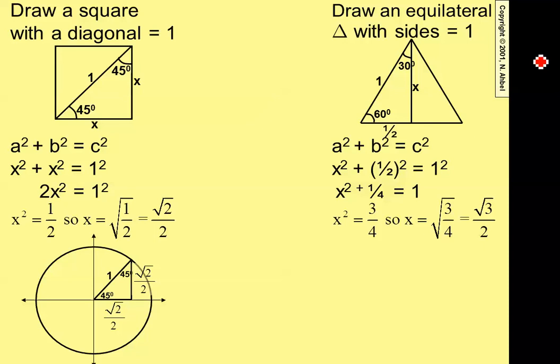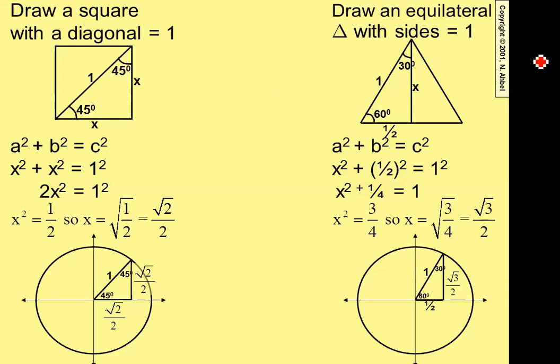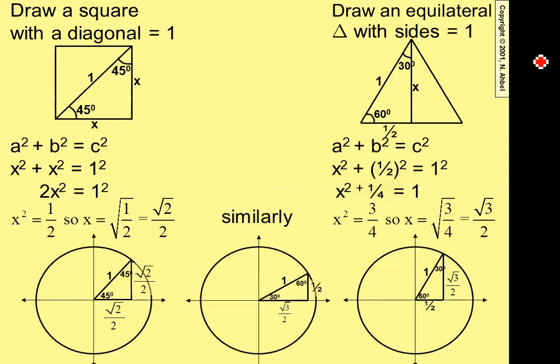So x equals radical 3 over 2. And we can superimpose this on top of the unit circle, and similarly the same triangle moved around results in this third triangle superimposed on the unit circle in the middle.